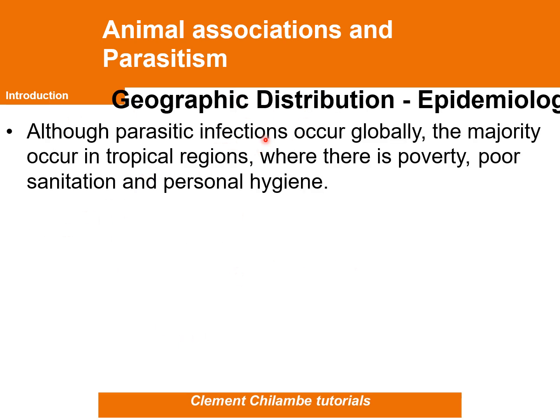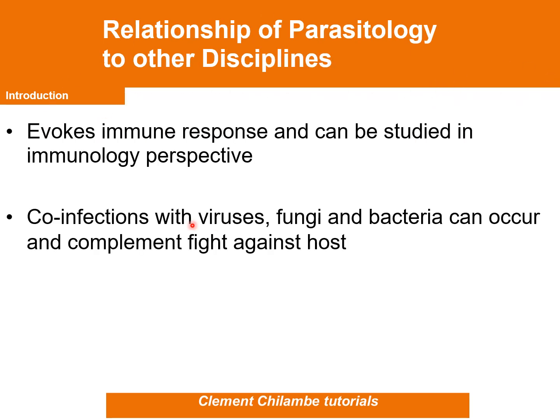And under the same geographical distribution, we talk of epidemiology. Although parasitic infections occur globally, the majority occur in tropical regions where there is poverty, poor sanitation, and poor personal hygiene. So these are the factors that predict the epidemiology of these parasites. Yes, and they're able to evoke the immune response and can be studied from an immunological perspective.